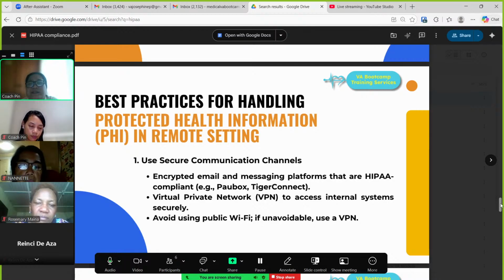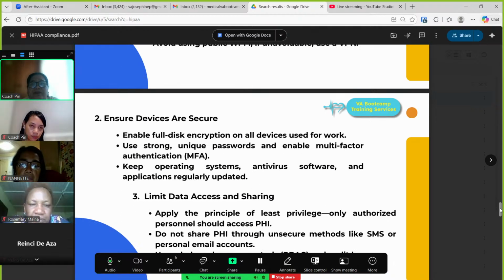What are those? Encrypted email and messaging platforms that are HIPAA compliant. Okay? Virtual Private Network or VPN to access internal systems. Avoid using public Wi-Fi. Always use a VPN, okay? Whenever you will access EHR or EMR.